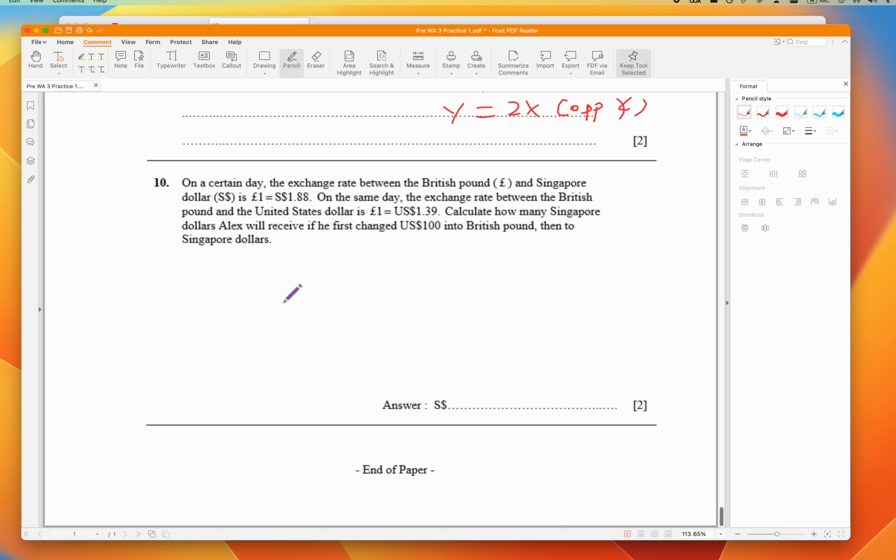On the same day the extra and the British. US $100 divided by 1.29 is 100.